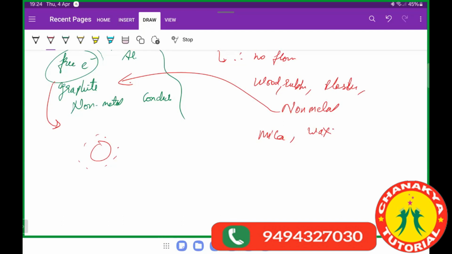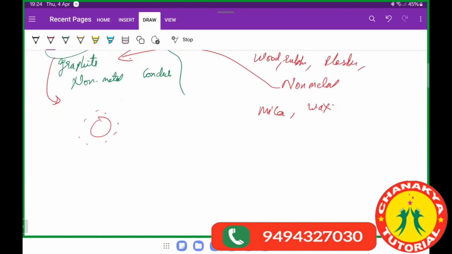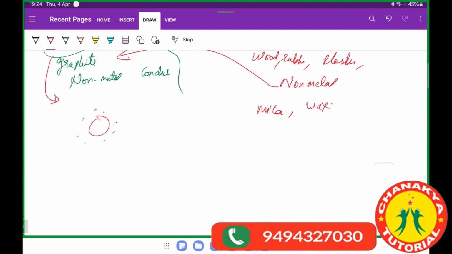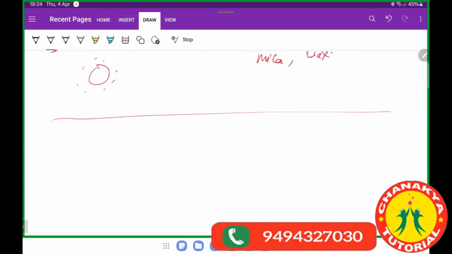H2SO4 is an electrolyte. Yes, brine solution, sodium chloride, right? So all these are like this one. Next, we will see.